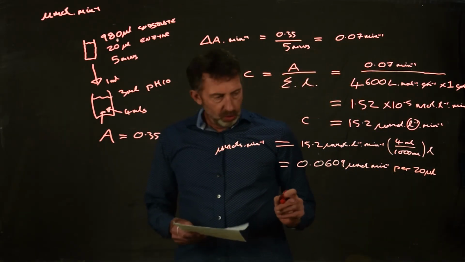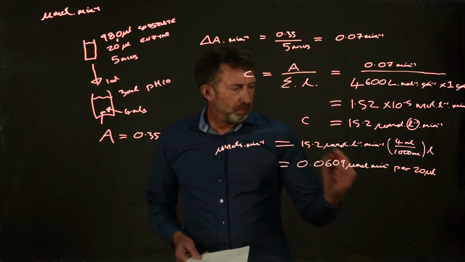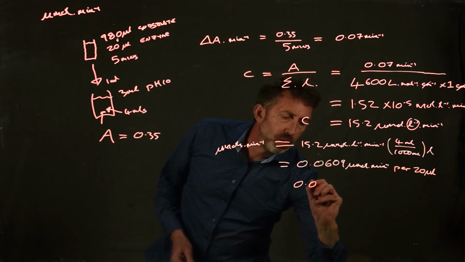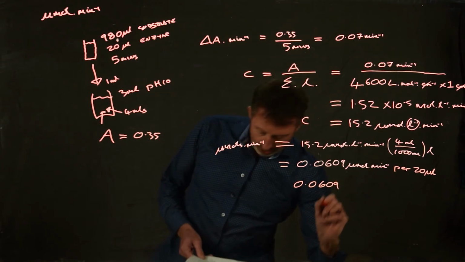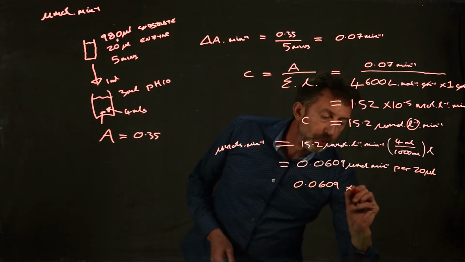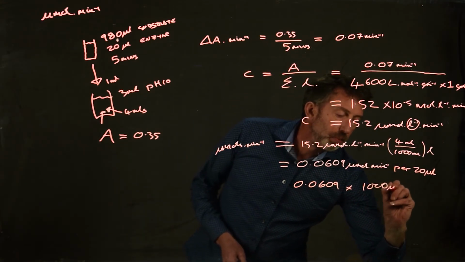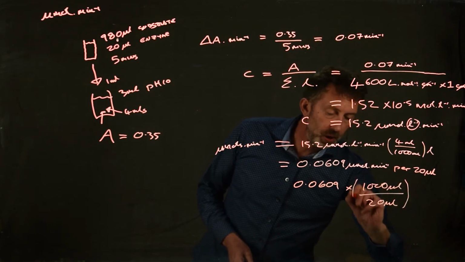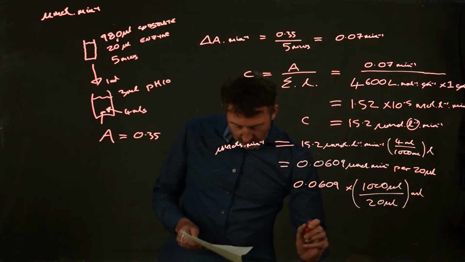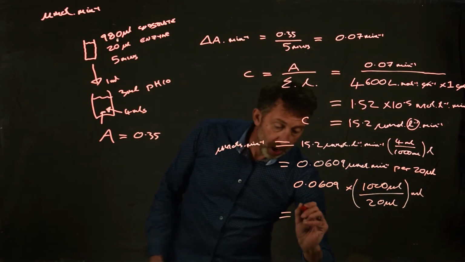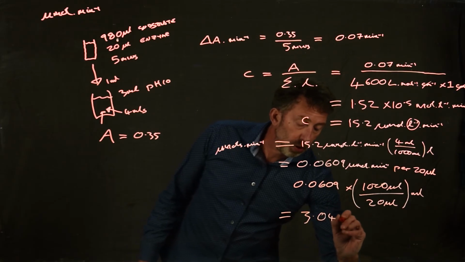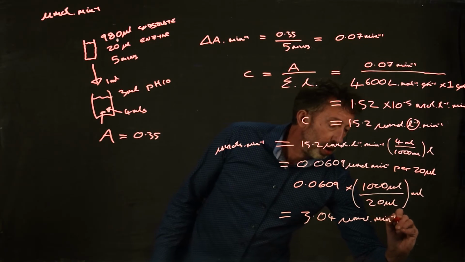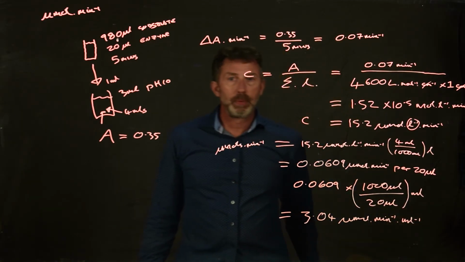So if we had 1 mil, then that would be 0.0609 multiplied by 1,000 microliters divided by 20 microliters, that number of mils, which is equal to 3.04 micromoles of product formed per minute per mil of enzyme.